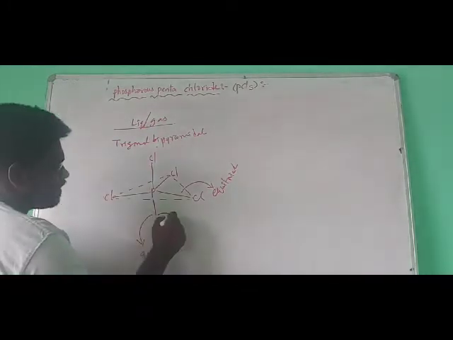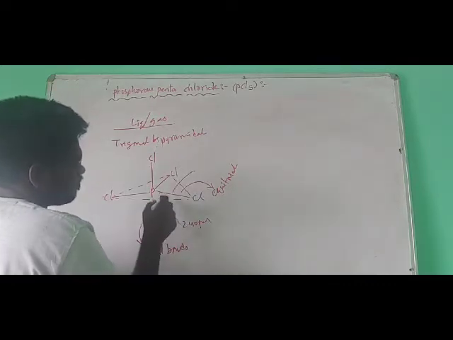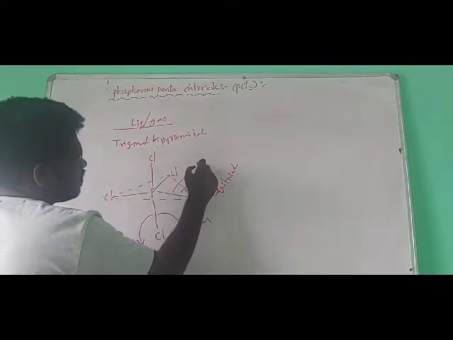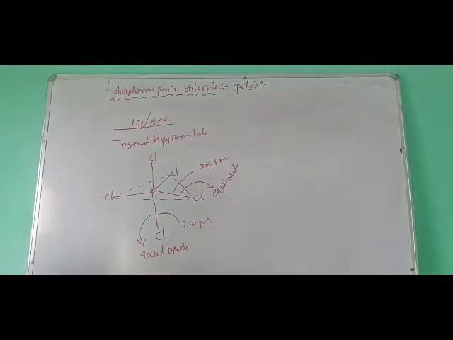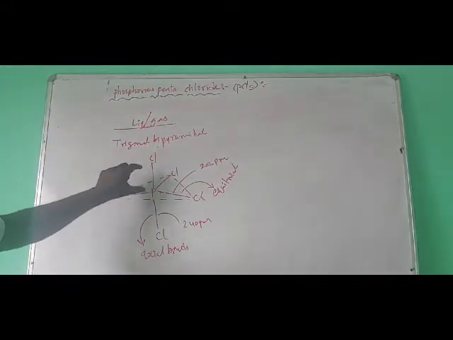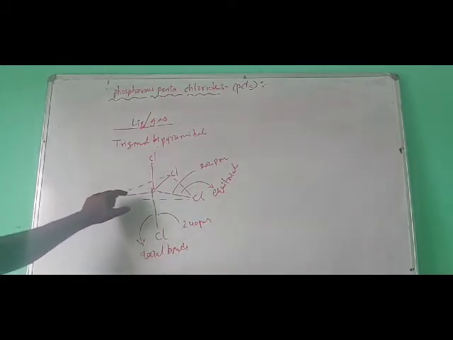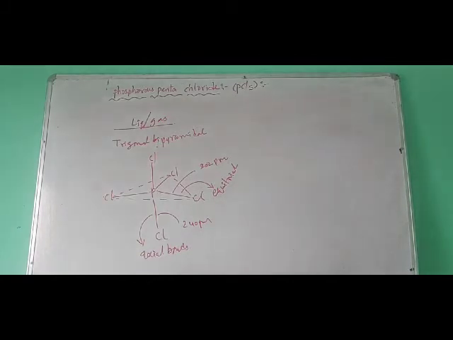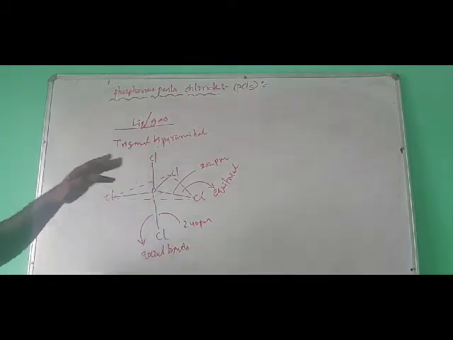The axial bond length is 240 picometers, and the equatorial bond length is 202 picometers. Here, axial bond pairs experience more repulsions compared with equatorial bonds. Due to the repulsions, they have more bond length.